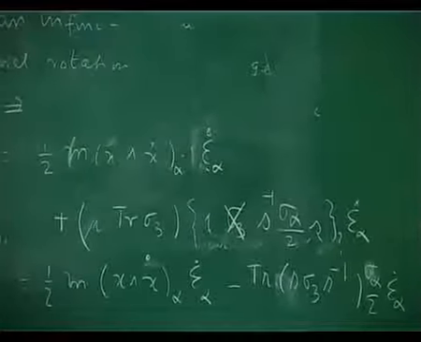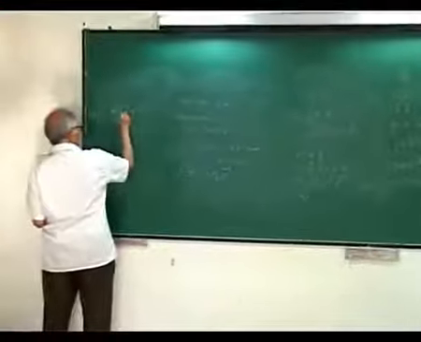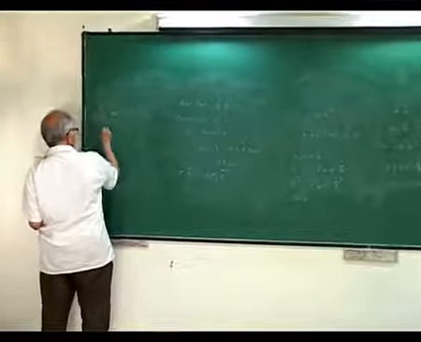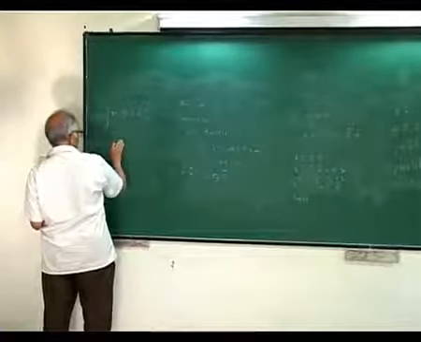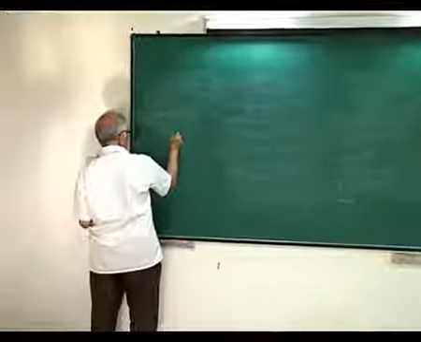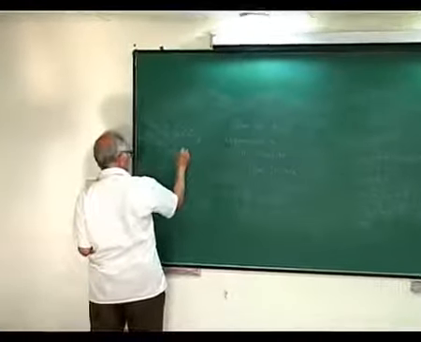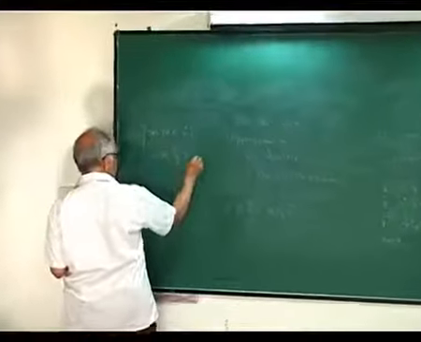So it is equal to m x cross x dot alpha minus n times this unit vector x alpha hat dot times epsilon alpha dot.